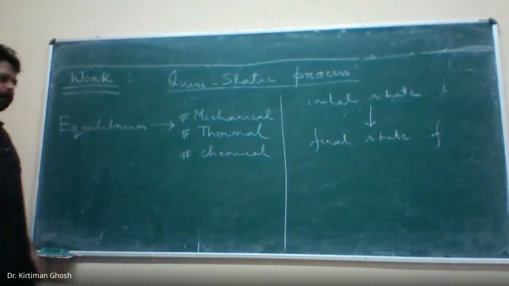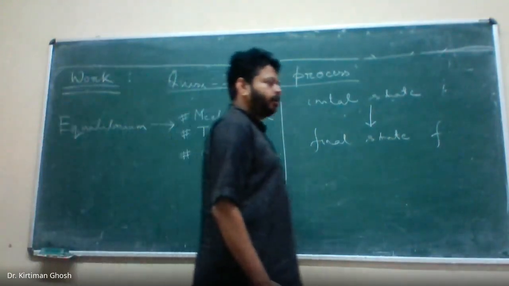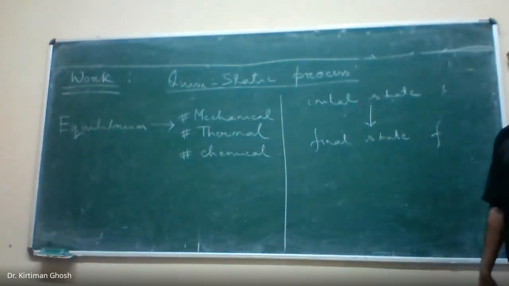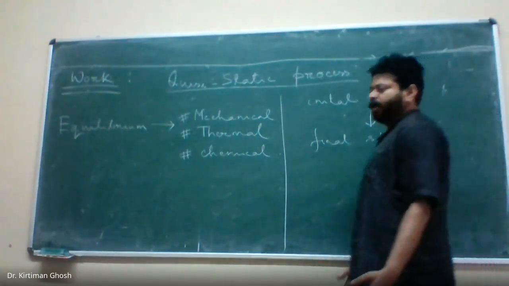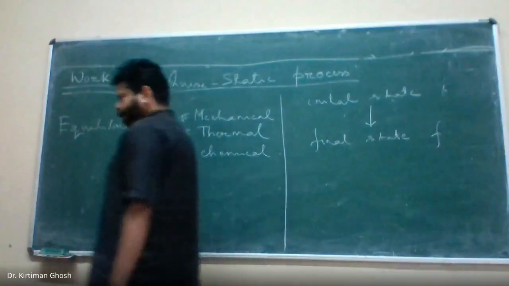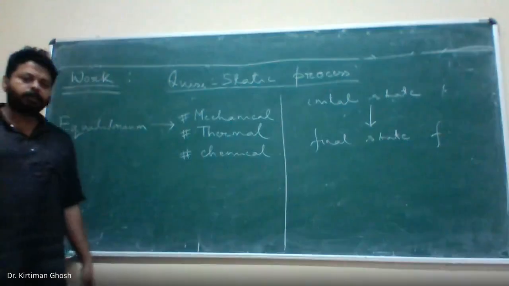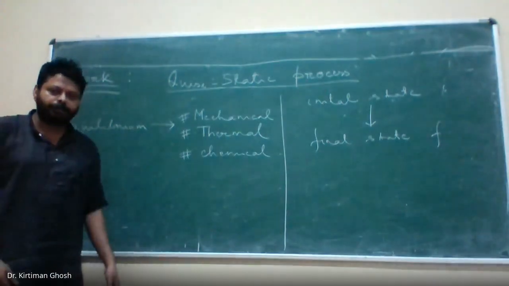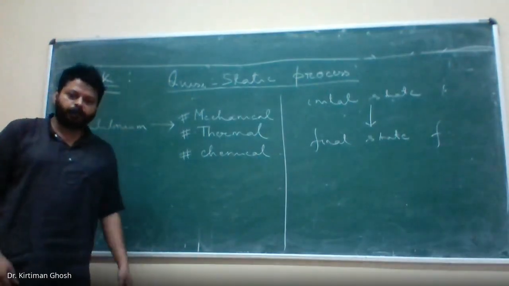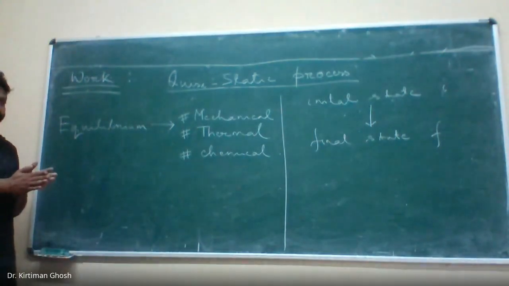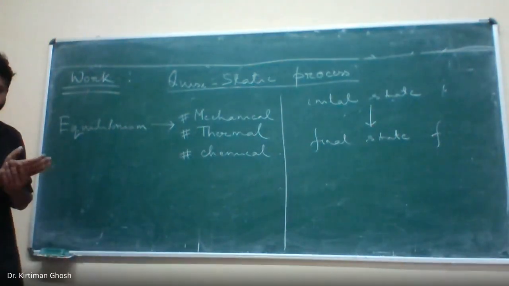But as soon as I try to change them, the system will go to a non-equilibrium state. And when the system is in a non-equilibrium state, I cannot define thermodynamic coordinates, so the macroscopic description of the system fails. Thermodynamic description for that system is not possible.